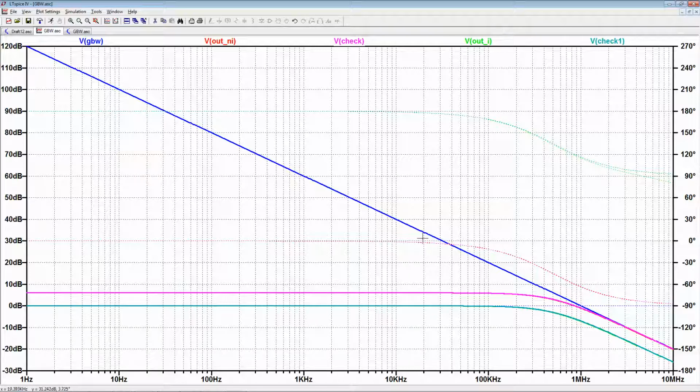Now you can see that for the purple line, the phase goes from 0 to minus 90, but for the inverting LTspice has done plus 180 down to 90. Well, that's because LTspice has a choice, right? 180 and minus 180 numerically is the same.